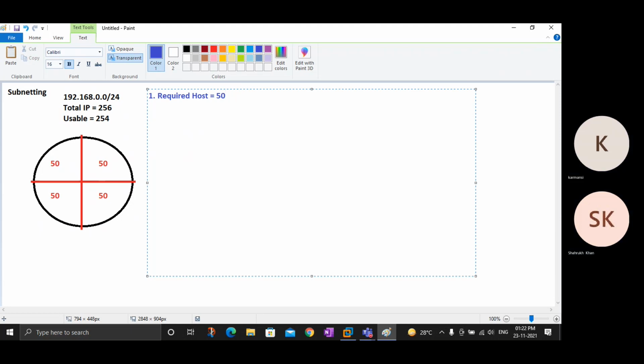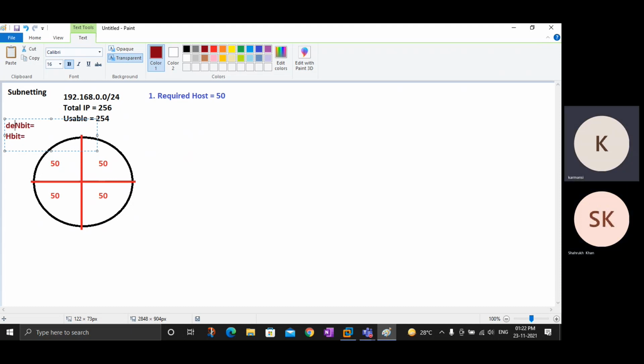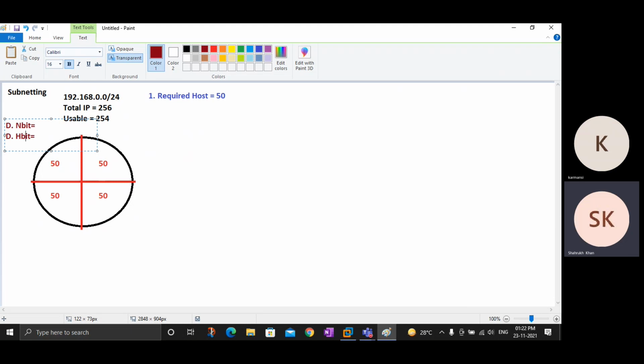Okay. And before that, can you tell me how many network bits are there and how many host bits are there in class C default? 24 network bits because we have CIDR /24.